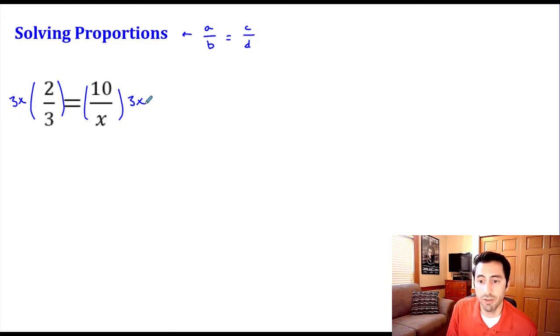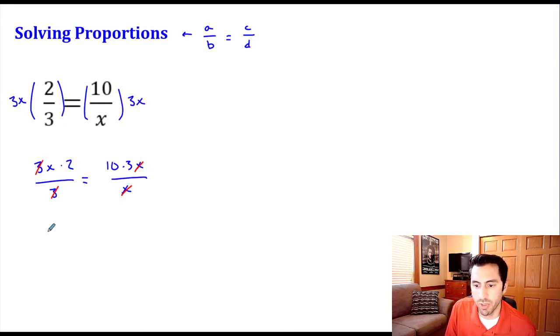All right, I'm going to write everything out. So this fraction, I'm going to end up with 3x times 2, and this is still over 3. And on the right-hand side, I'll end up with 10 times 3x over x. And then taking a look at what simplifies, 3 over 3 simplifies to 1, and x over x simplifies to 1.